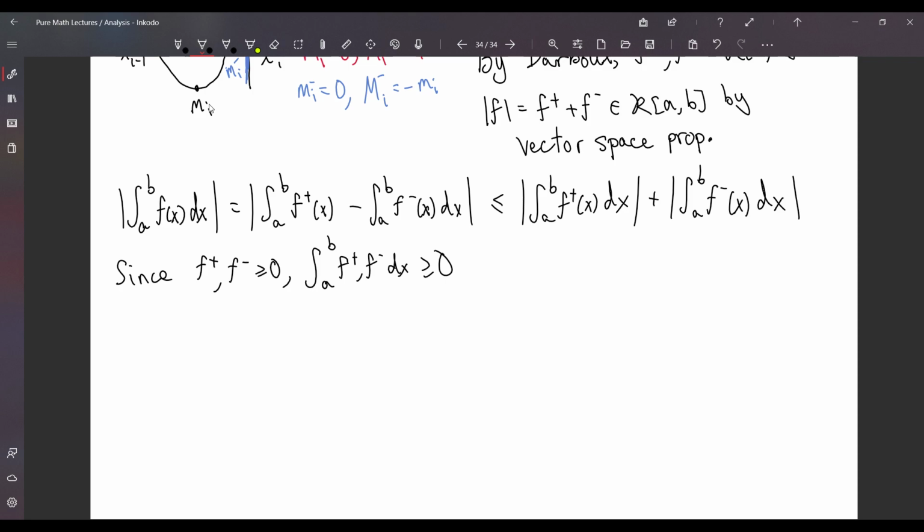The key thing was that we could find a positive lower sum. And here, of course, any lower sum is bounded below by 0, because your infimums are always going to be non-negative if your function is non-negative.